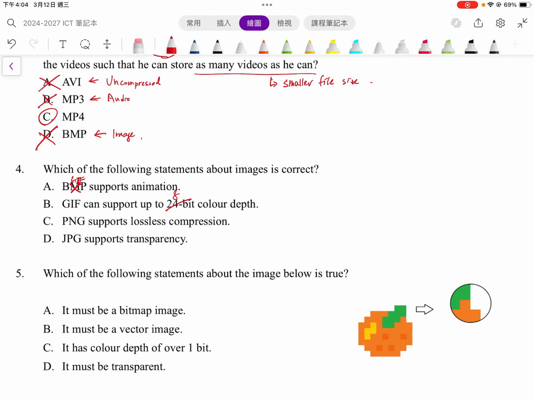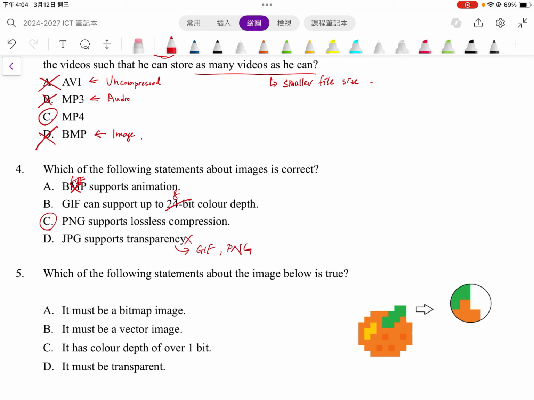You can check from the book, it is 8 bits, not 24 bits. Option C, PNG supports lossless compression, which is correct. And then last but not least, JPG supports transparency, which is wrong. For transparency, only GIF and PNG do support it.